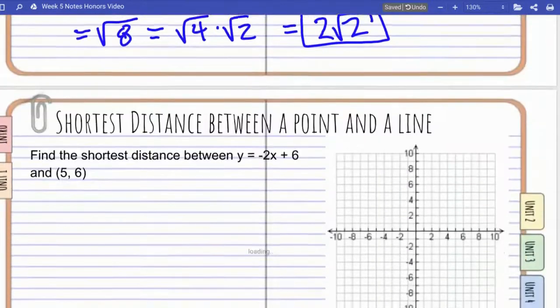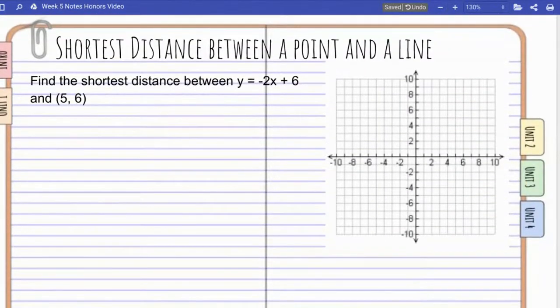Let's try it again on this example. I would pause the video and try to do this one on your own. Our point is 5, 6, and we want the shortest distance to the line y equals negative 2x plus 6. So that starts at 6, and it goes down 2 over 1, down 2 over 1.